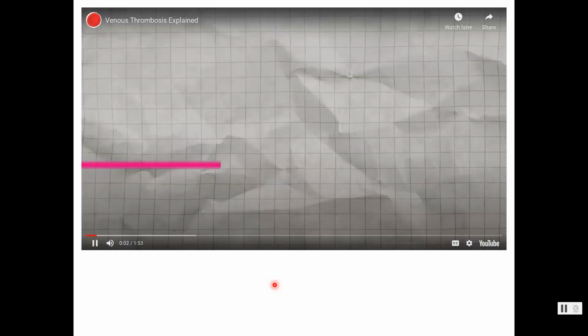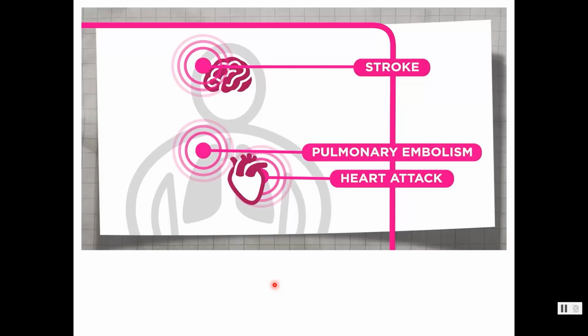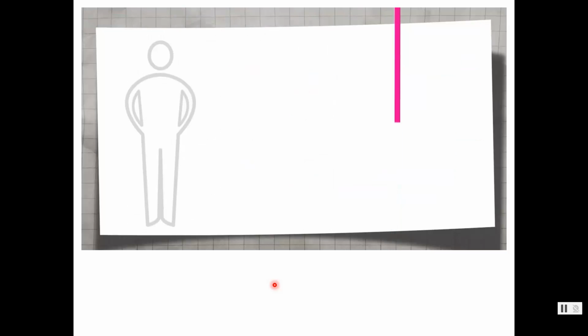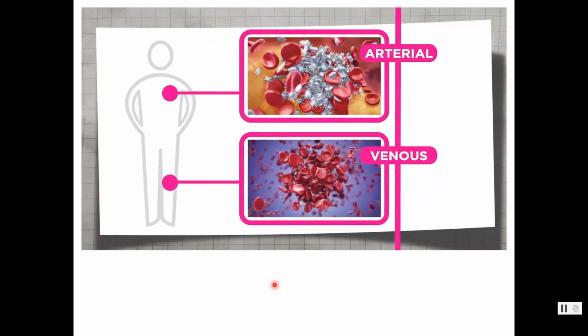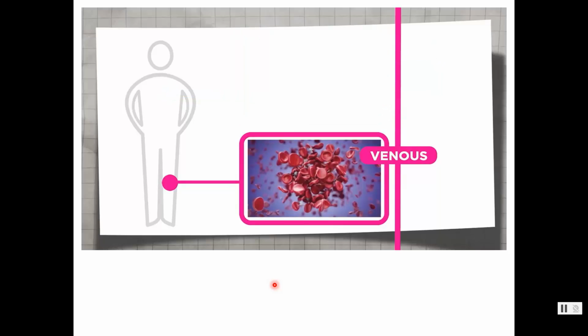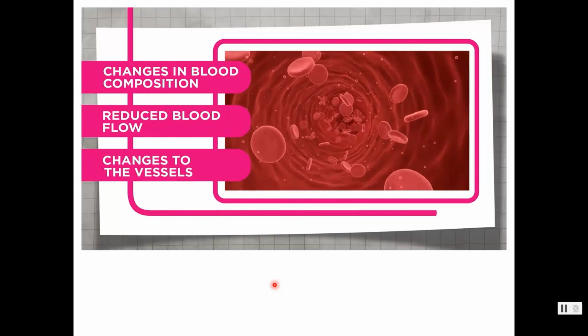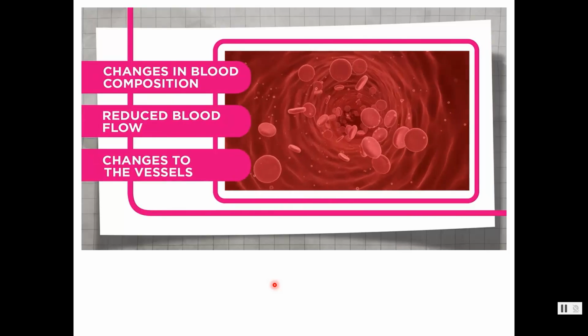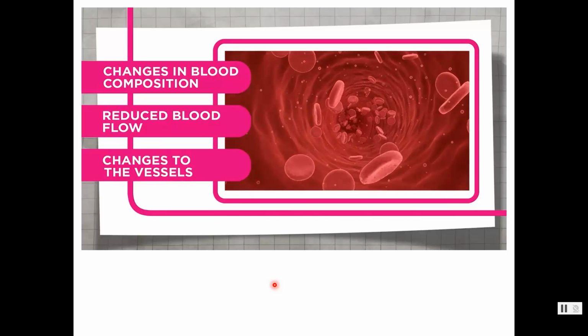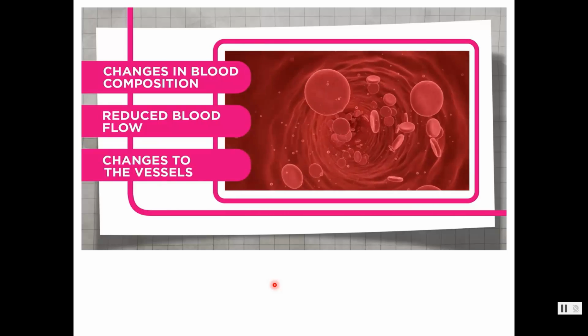Pathological thrombi can be extremely serious, causing complications such as stroke, pulmonary embolism, or heart attack. 2 different types of thrombi can form, arterial thrombi and venous thrombi. Here we will focus on venous thrombosis. In the slow-moving blood of the venous system, changes in blood composition, a reduction in blood flow, or changes to the vessel wall can result in the formation of fibrin-rich clots.